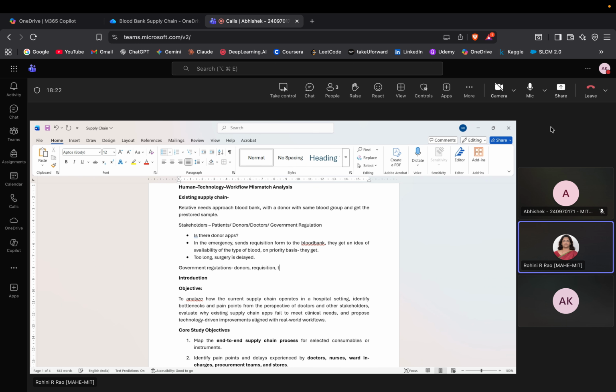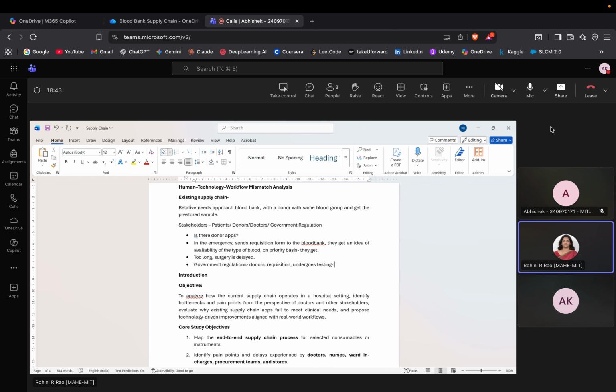Yes, ma'am, once blood has been collected, it goes through several tests for diseases which can be contaminated by blood, like HIV, hepatitis B or other viruses. It takes time, but before preserving the blood, they need to go through this process.